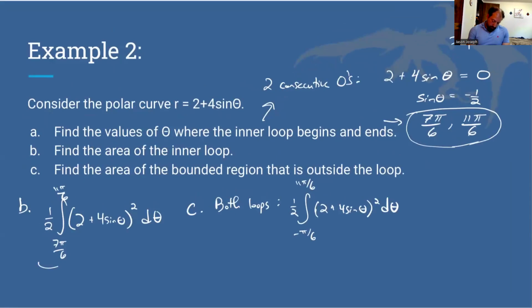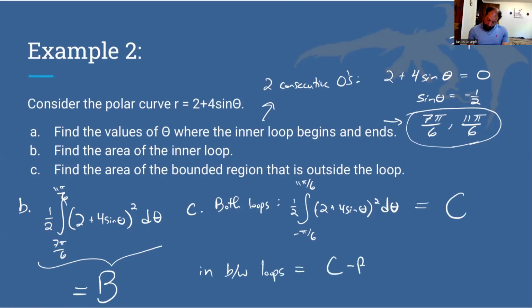So if we call our answer to part B, B, and what we just computed, call that C, then in between the loops would be C minus B. So that's just the same principle we've been using, larger region minus smaller region.